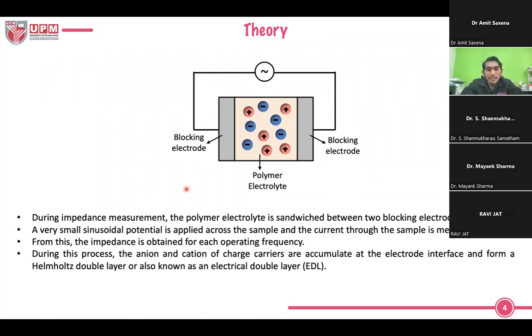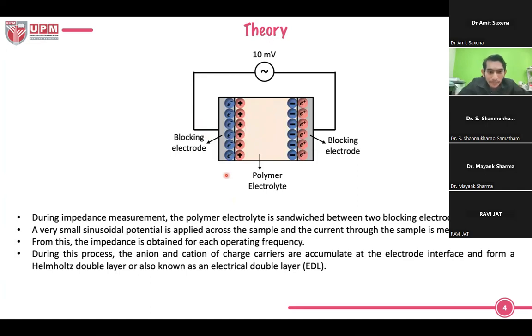And during this process, the anion and cation in the electrolyte will accumulate at the interface of the electrode. We can see this is the polymer electrolyte that has positive and negative ions, anion and cation. It will accumulate at the interface of the electrolyte and electrode during the impedance process.